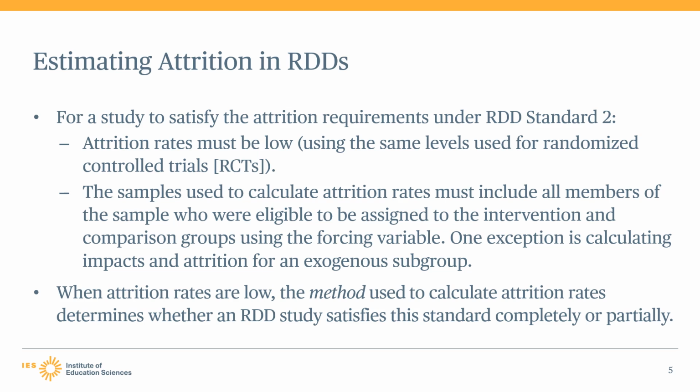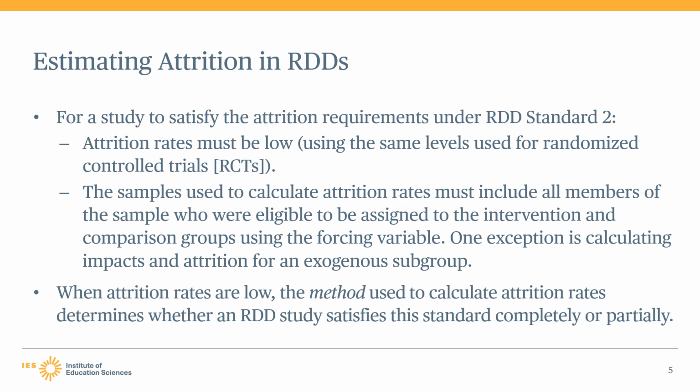A study calculating attrition only within an administrative data set on students enrolled in the state schools several years after assignment would not meet this requirement, because the intervention could have affected whether students remained in the state.